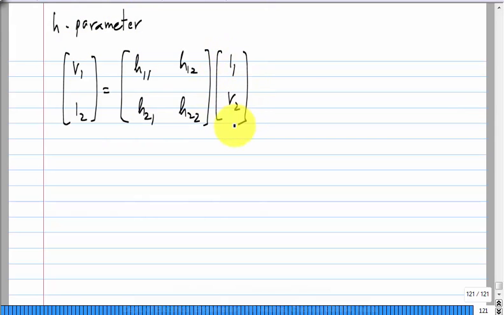Okay. Any questions here? So, how would you represent this? How would I represent whatever I need for port 1?